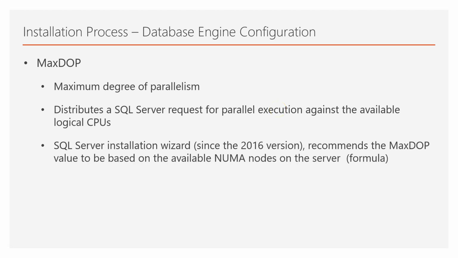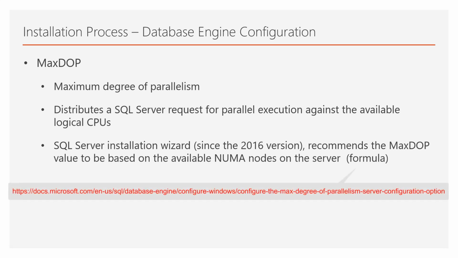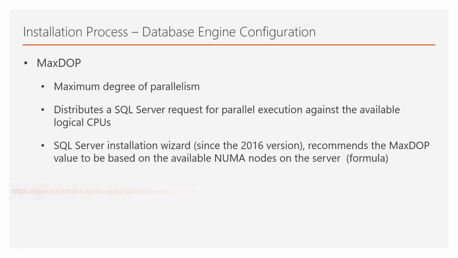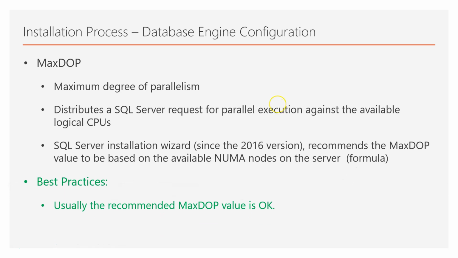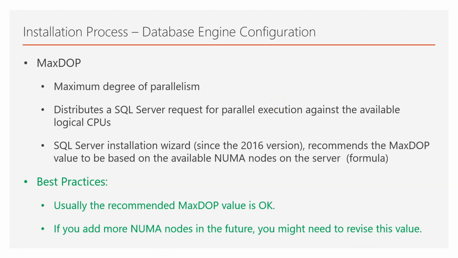Now, the SQL Server Installation Wizard, since SQL Server 2016, recommends the MaxDOP value based on the available NUMA nodes on the server, based on a given formula which you can find online on MS-DOCS. Now, the best practice is usually to use the recommended MaxDOP value, so that's okay. And if you add more NUMA nodes in the future, you might need to revise this value.